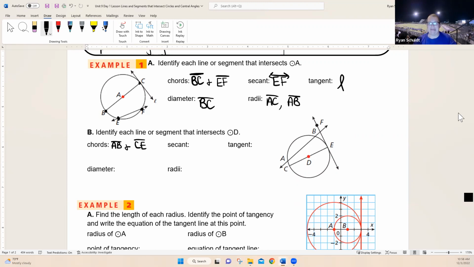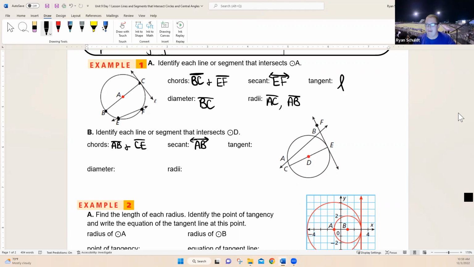The secant goes into the circle and out of the circle. So the secant will be line AB. Make sure to put your line symbol on top. The tangent, we only touch the circle at one point. So I look for the line that touches it at only one point.